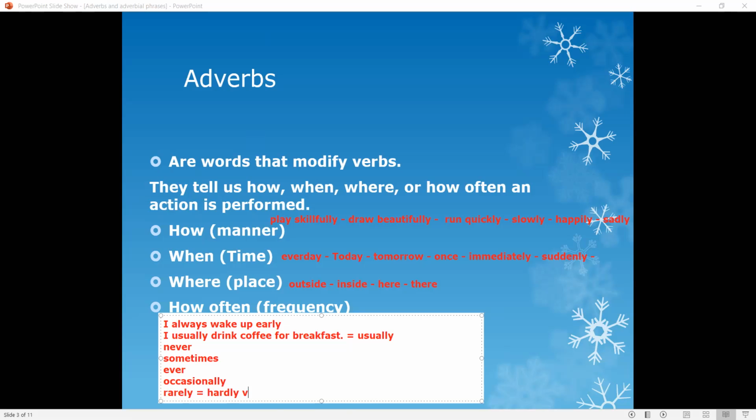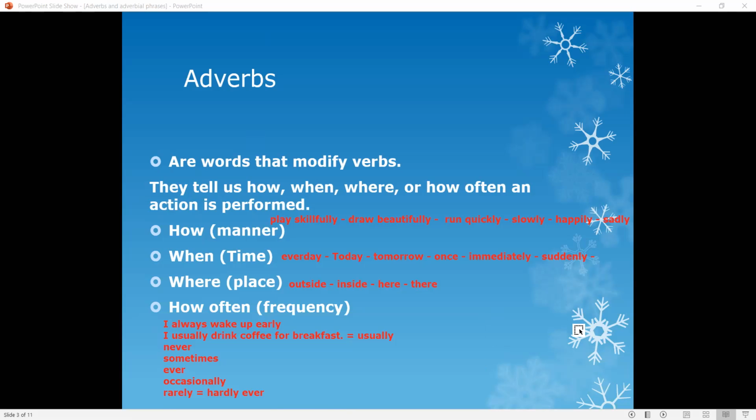So again, we said the adverbs are words that modify verbs and add meaning to the verb. They can tell us how the action or the verb was performed, when it was performed, where it was performed, and how often this action is performed.